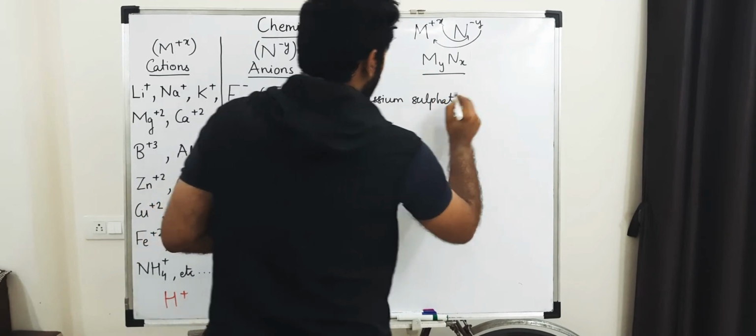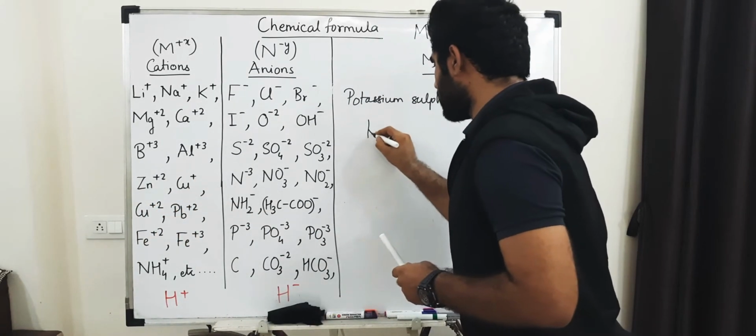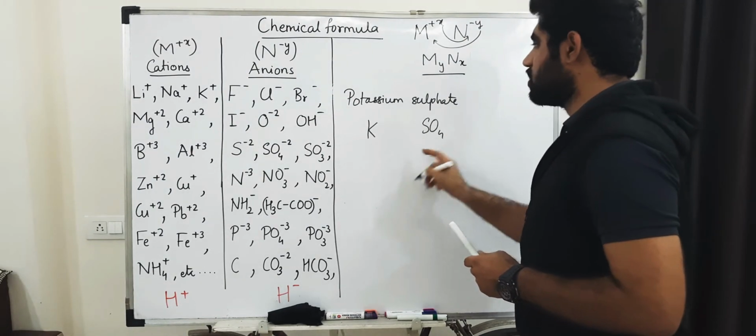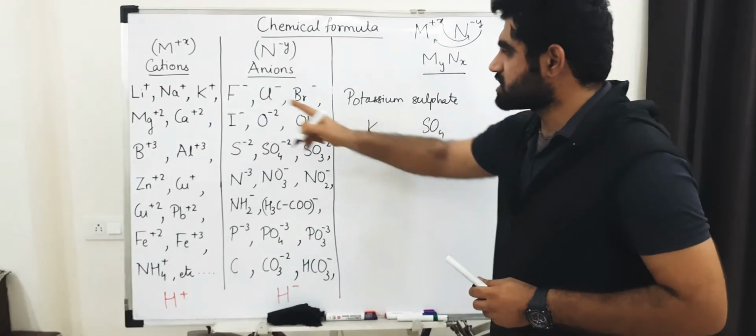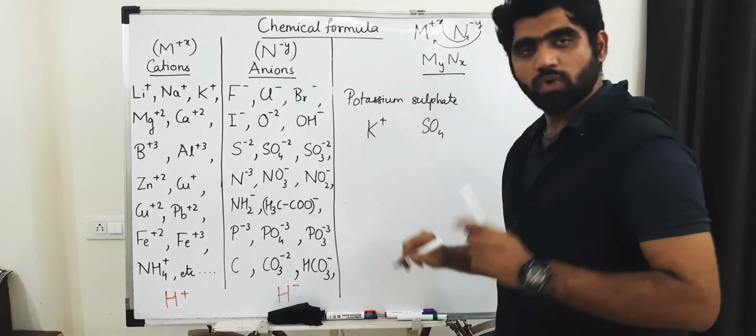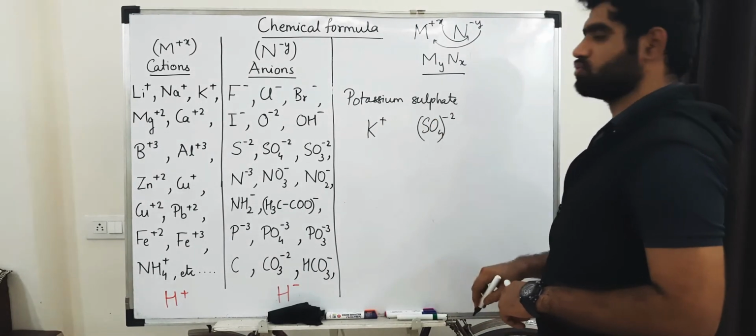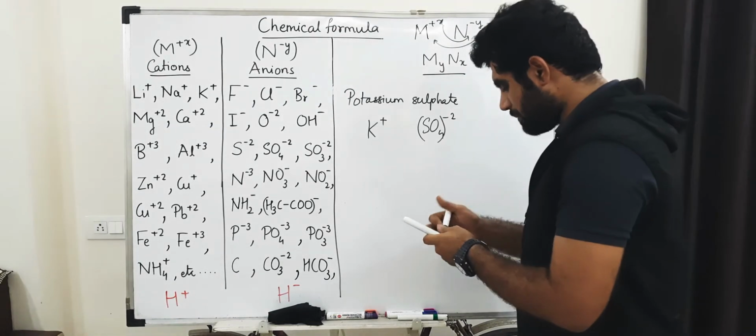Potassium is K as it is. Sulfate is SO4. Now see the oxidation states of both. Potassium K is plus 1. Sulfate is SO4 raised to minus 2. So what will happen?